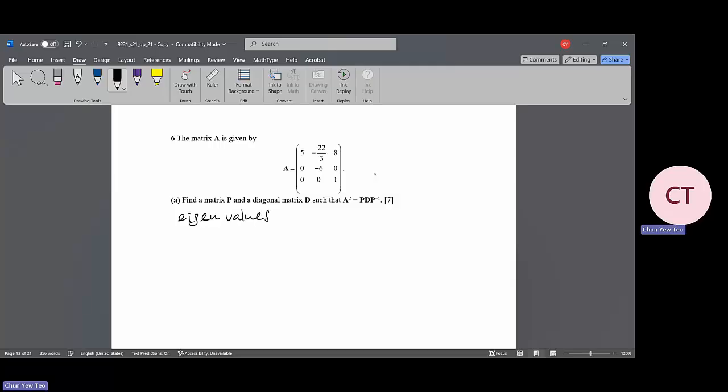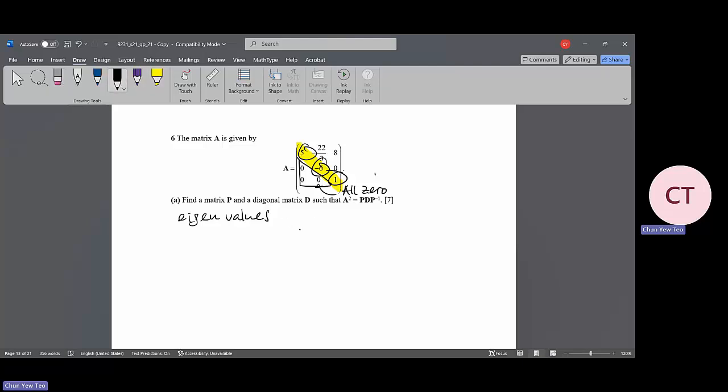For the eigenvalues, you don't need to use a very difficult way to find them, because the diagonal here gives your eigenvalues, as long as the lower triangle here is all 0. Then your eigenvalues will be 5, -6, and 1.